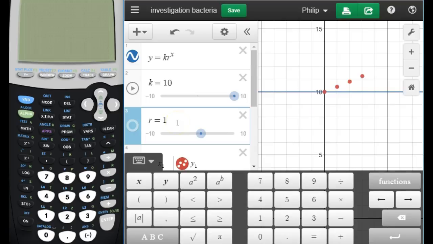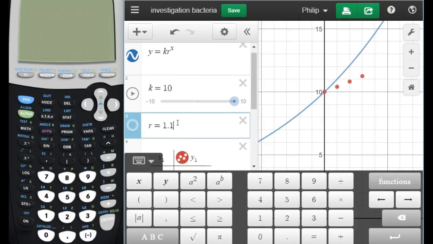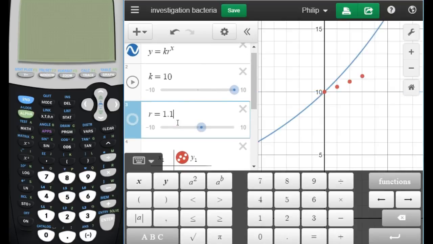Let's do 1.1. Too much. 1.05. Still too much. 1.04. Oh, perfect. So, k equals 10, r equals 1.04.